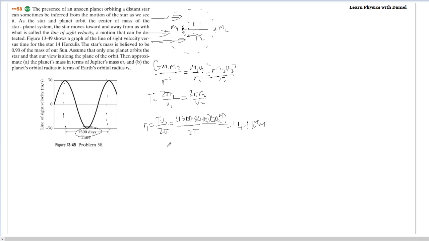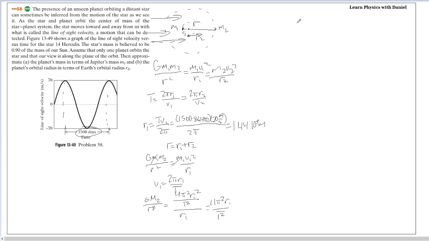Next, what we can do is realize r equals r1 plus r2. So we write G M1 M2 over r squared, which equals M1 v1 squared over r1. We cancel an M1. And then we can now solve. So now we can take our period equation, solve for v1, which equals 2 pi r1 over T, and plug that into this equation to get that G M2 over r squared equals 4 pi squared r1 squared over T squared, all over r1, which simplifies down to 4 pi squared r1 over T squared.